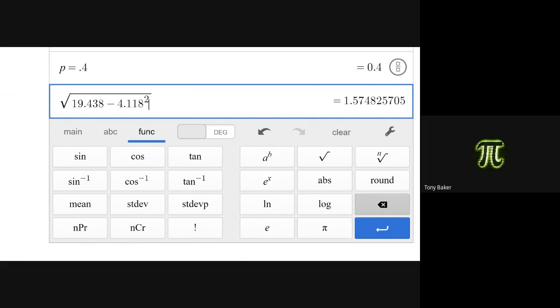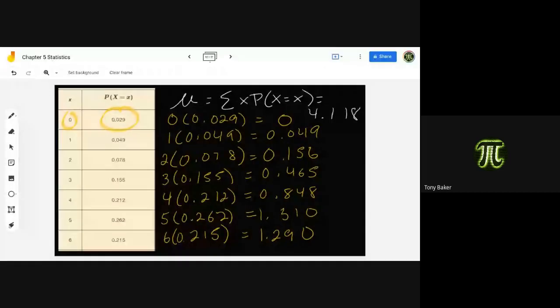All right. Yes. 4.118. That was your mean. So we got that here. That's why you have to come up with your mean first, and then you have to do your standard deviation.